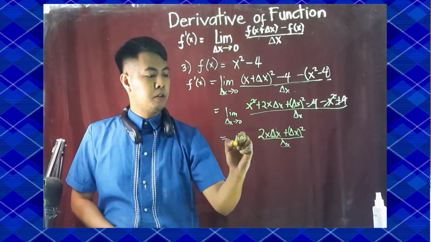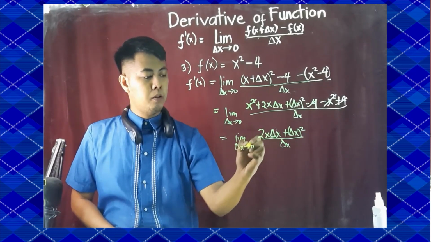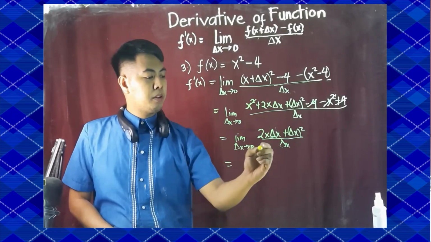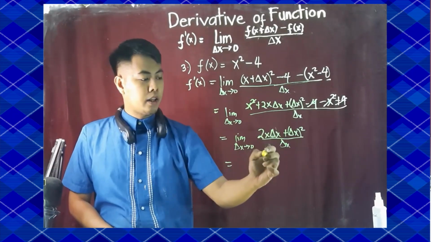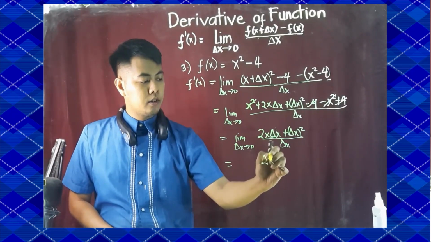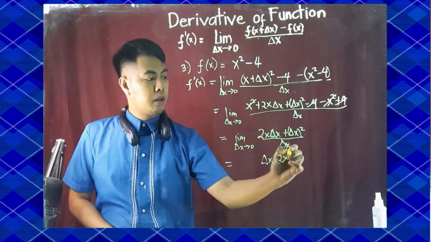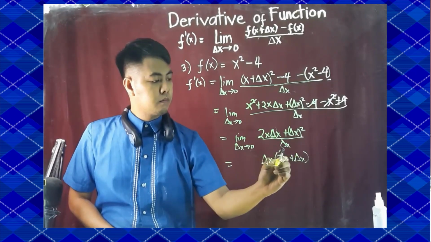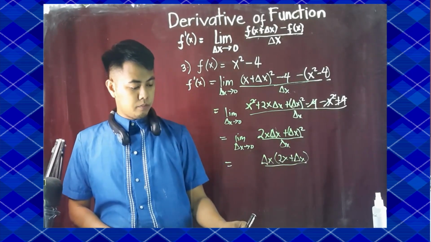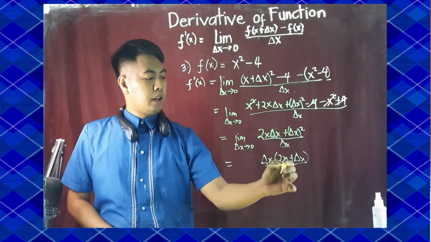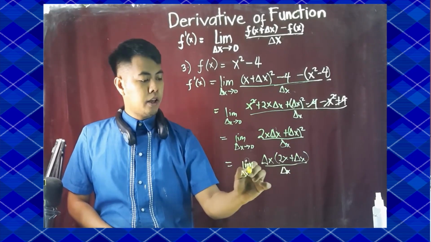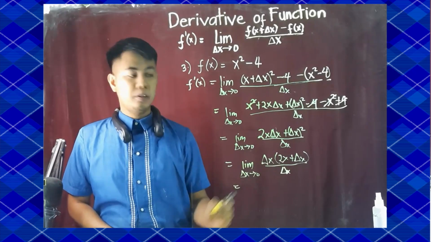So limit where delta x approaches 0. Then factor the delta x in the numerator. So the common factor is delta x. So delta x times 2x plus delta x all over delta x, where delta x approaches 0.